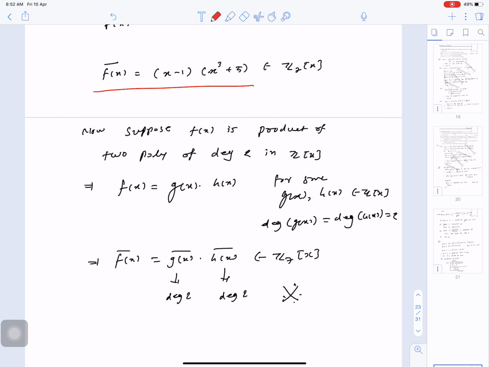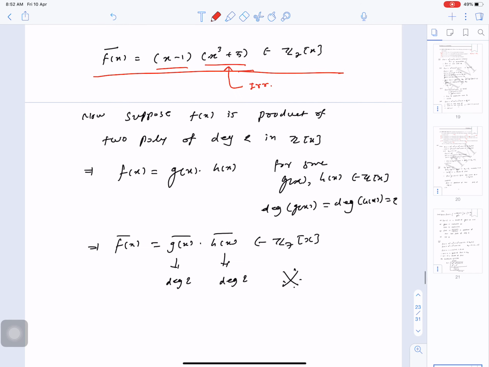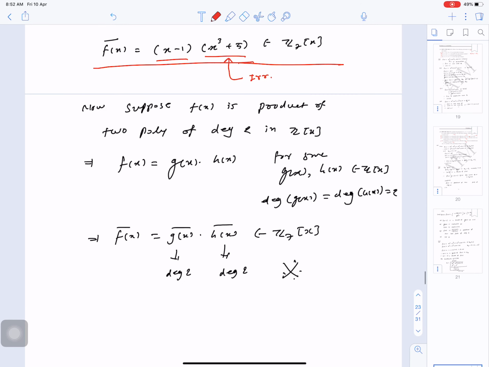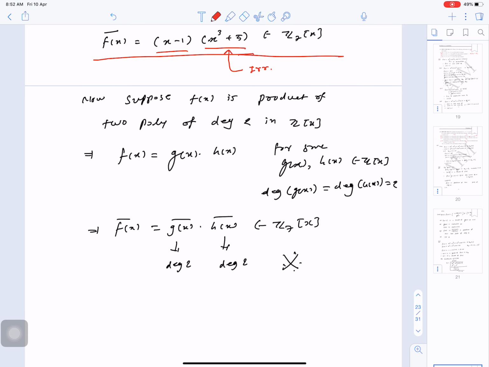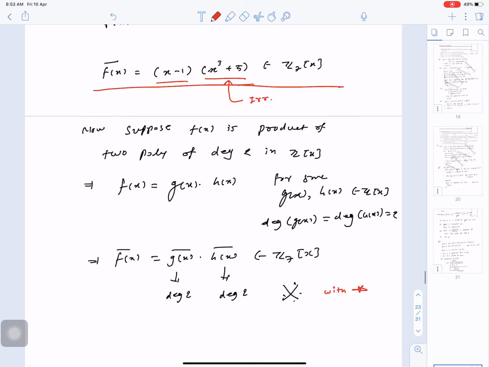In Z7x we have f bar x is x minus 1 and x cube plus 5, and x cube plus 5 is irreducible. So f bar x is not a product of polynomial of degree 2 and polynomial of degree 2 which are irreducible. So this is a contradiction with star, and let me say this is star.